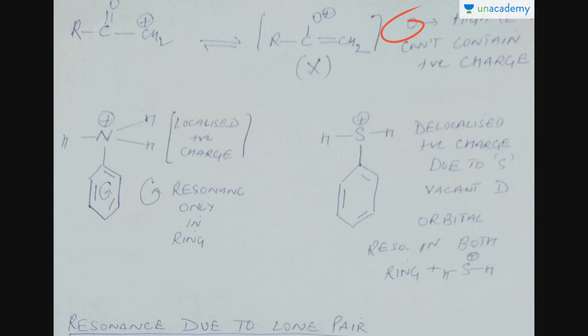It can take positive charge, but not in all cases, because here its octet is not complete. What I repeat is, if the oxygen's octet is complete, like in the H3O positive ion, the positive charge is on oxygen, but there its octet is complete. Therefore we can make positive charge on oxygen only if its octet is complete. But here the octet is not complete, therefore this is wrong.